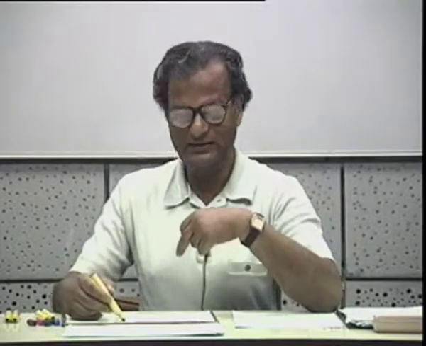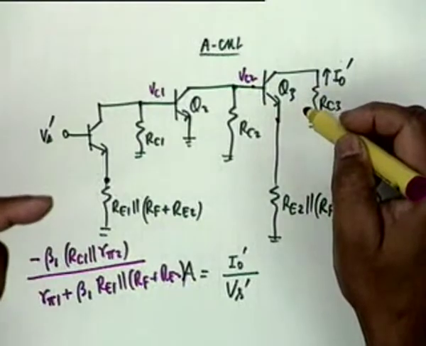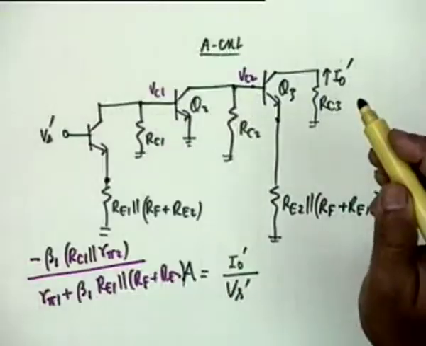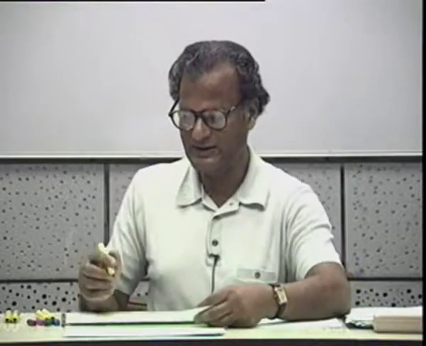V pi 3 would be calculated from R pi 3 divided by R pi 3 plus beta 3 plus 1 multiplied by this. Is that clear? Okay. So the gains you should be able to calculate by inspection.